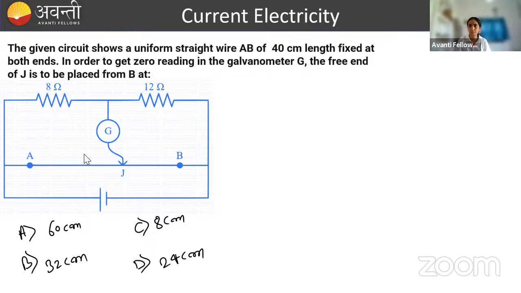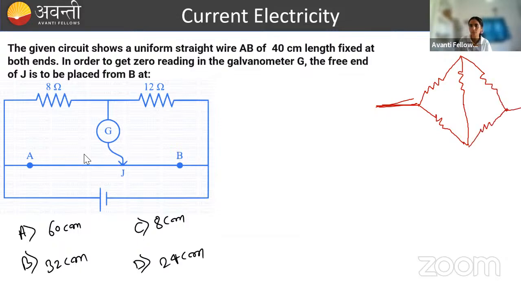Just 1 minute, okay? There is one term in current electricity, that is Wheatstone bridge. So Wheatstone bridge, if you have seen, it must be looking something like this. I just want you to know the Wheatstone bridge concept. So see, it is something like this.